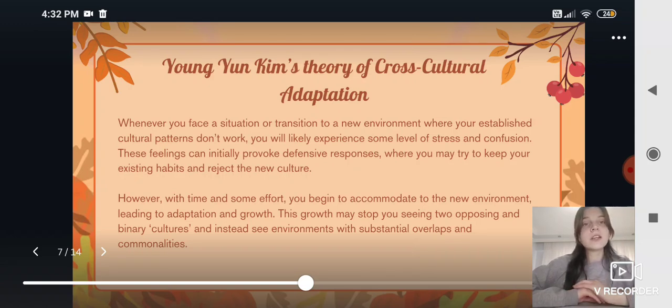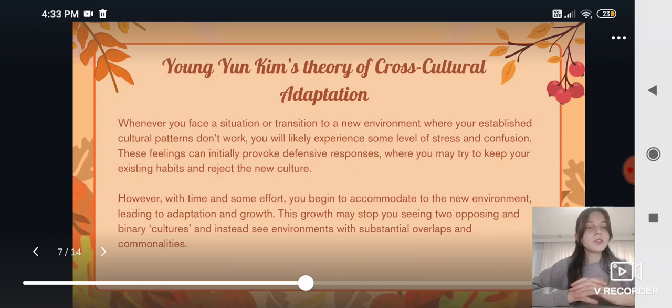These feelings can initially provoke defensive responses where you may try to keep your existing habits and reject the new culture. However, with time and some effort, you begin to accommodate to the new environment, like we talked about in the adjustment period. And this growth may stop you seeing 2 opposing binary cultures and instead see environments with substantial overlaps and commonalities.